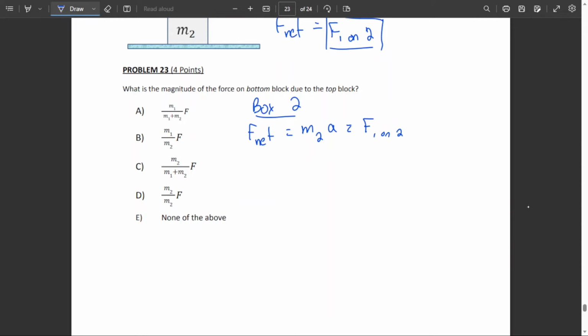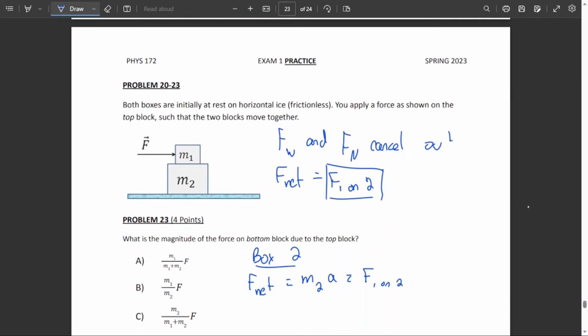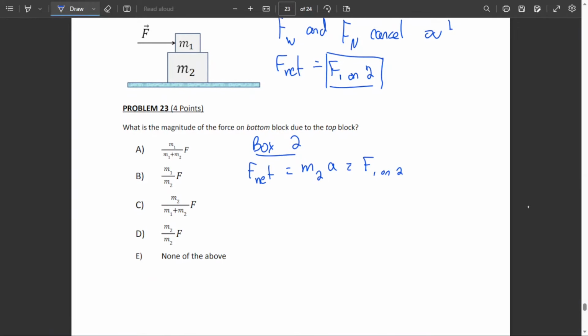And then we know that the acceleration of box 2 must be equal to the total acceleration of both boxes together, because they're both moving together. And if they're moving together and they're being accelerated, they must be being accelerated together. So we get F of 1 on 2 is equal to mass 2 a.